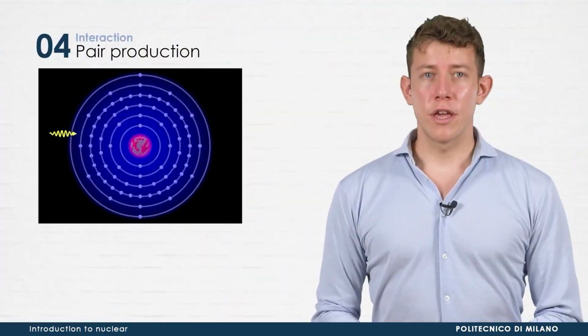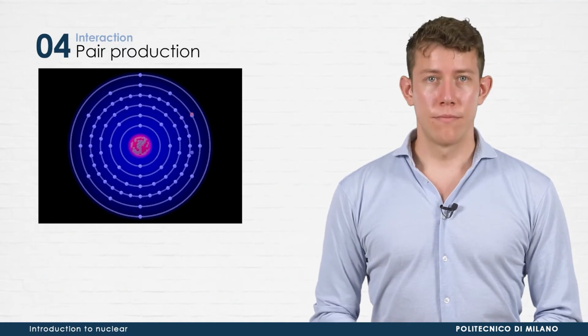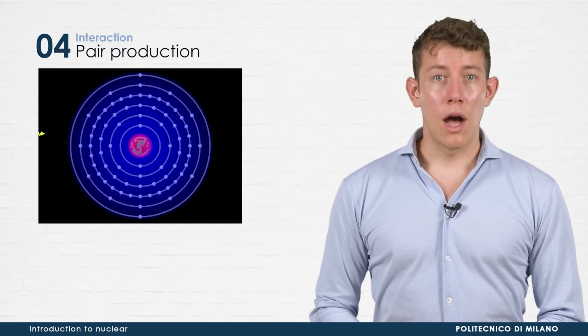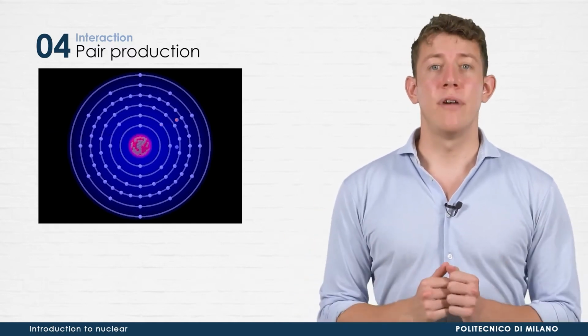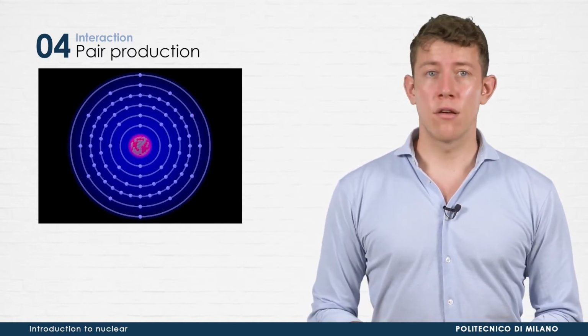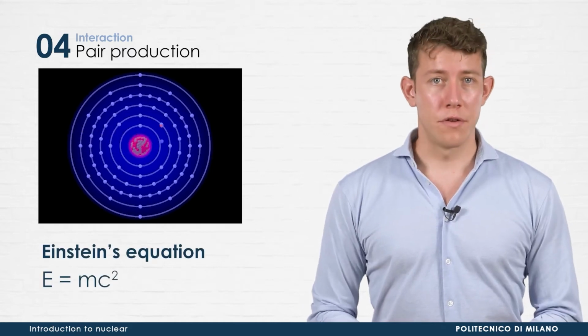A peculiar way in which photons interact with matter is the pair production. During the interaction with an atomic nucleus, a photon can transform itself into an electron-positron pair. In this process, its energy is converted to the rest mass of the particles, following Einstein's equation E equals mc squared.